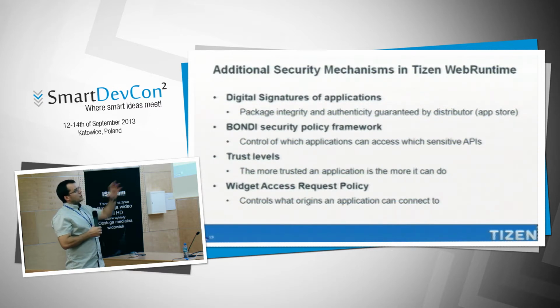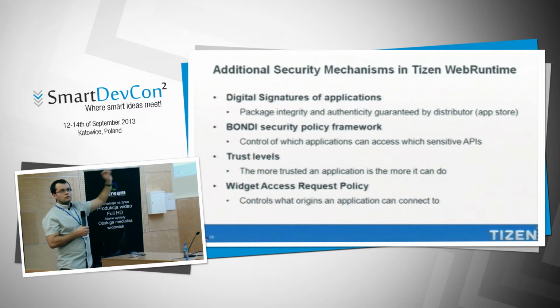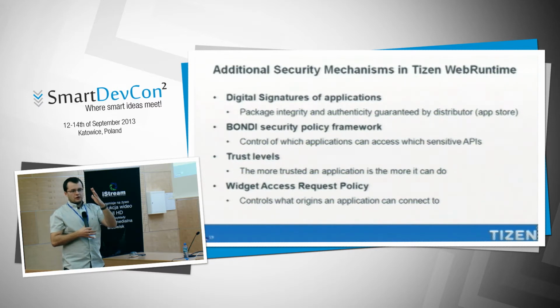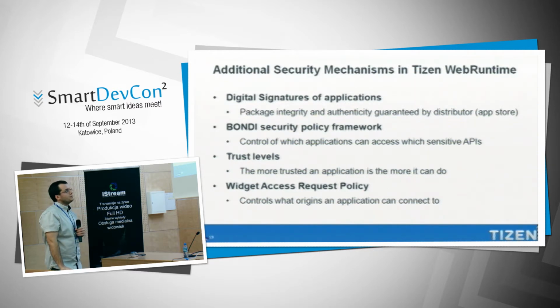And then the simplest usage of the framework is just creating a set of trust levels. For example, two: trusted, untrusted. So like I said, you can divide the applications into those that cannot do anything with the sensitive APIs and those that can do everything or almost everything.